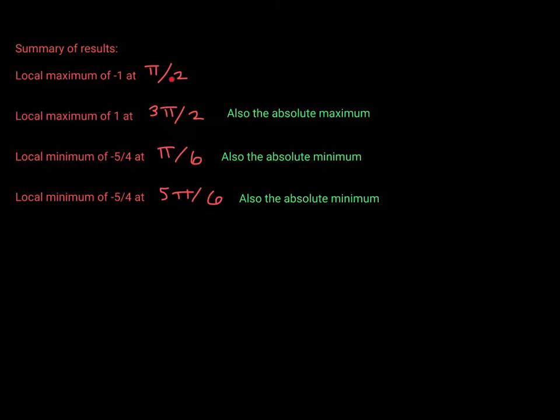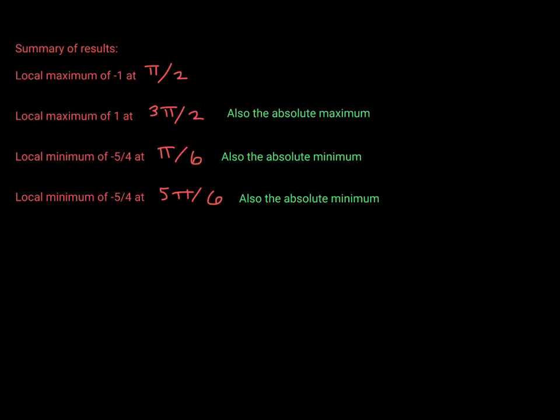The local maximum at pi over 2 is negative 1. So that means nearby pi over 2, in the neighborhood of pi over 2, negative 1 is the largest function value. Around 3 pi over 2, in the neighborhood of 3 pi over 2, 1 is the largest function value. It also happens to be the absolute maximum on the entire interval from 0 to 2 pi.